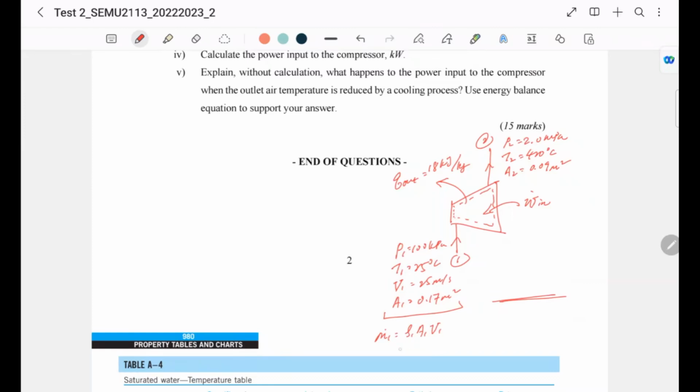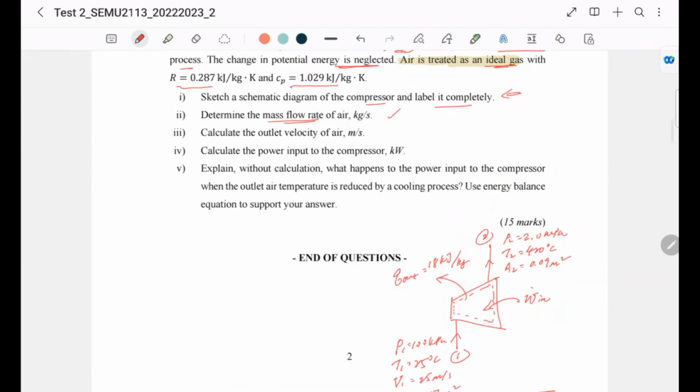Density is P over RT, because this is an ideal gas. A1 we have, V1 we have as well. So we should be able to calculate the mass flow rate, no problem. And then the outlet velocity.